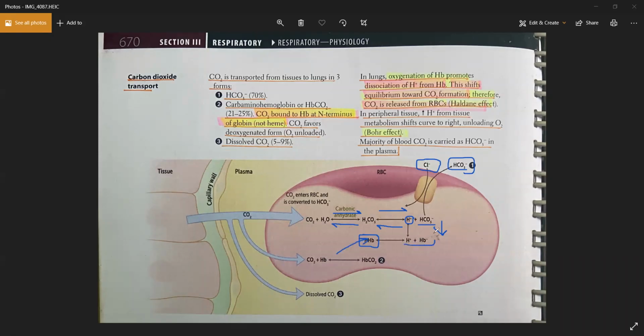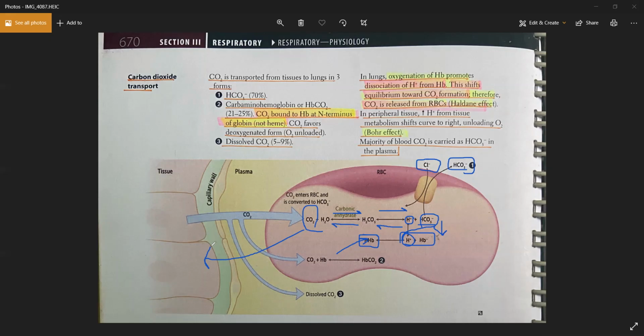Now this H plus will combine with the bicarbonate to form more H2CO3, and when more H2CO3 is formed, it will promote a backward reaction. You will get more CO2, and finally this CO2 will be diffused into the lungs. This effect is known as the Haldane effect.